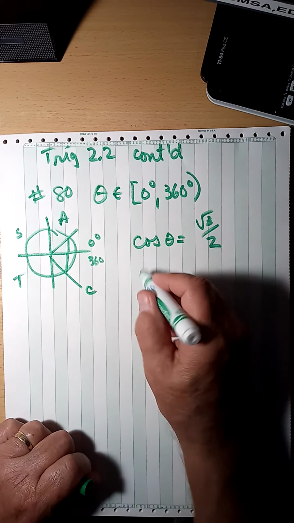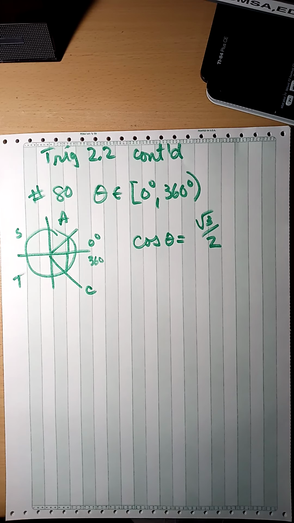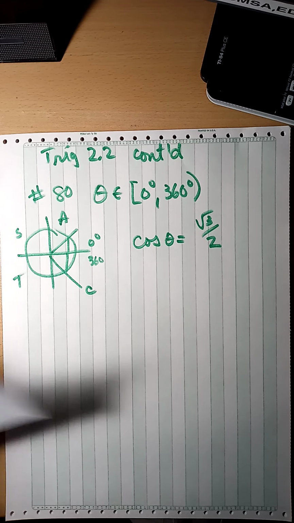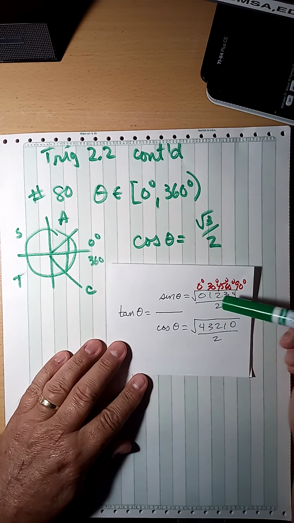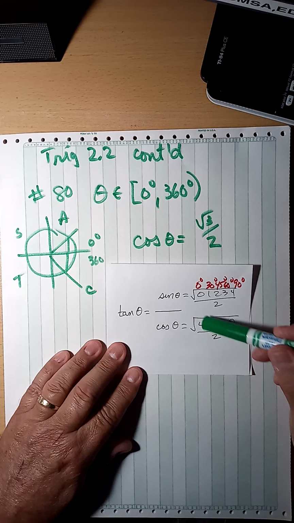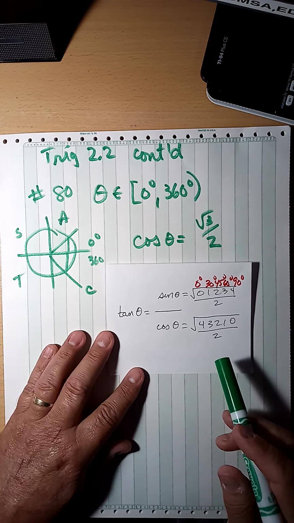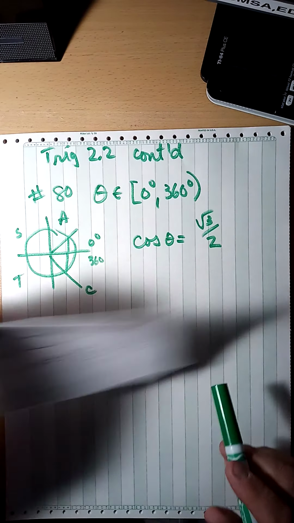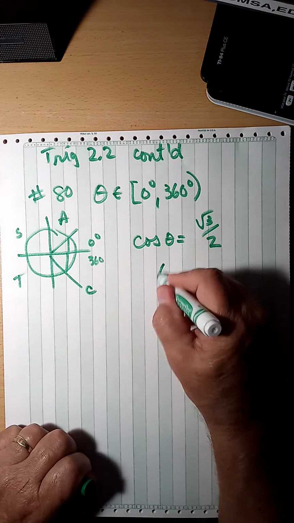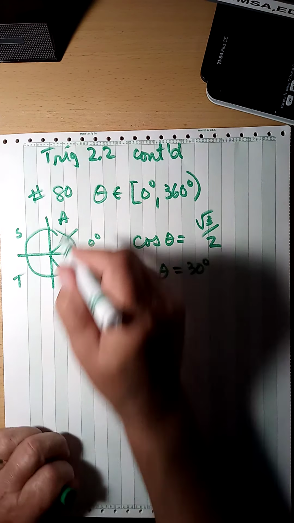Now, for what angle is this true? Well, if we look here and then go to this right side, here's the cosine. Square root of 3 over 2 is right here. If we move up, that's when the cosine, or the theta, is 30 degrees. So we know that theta can be 30 degrees, but you should think of that only as a reference angle.